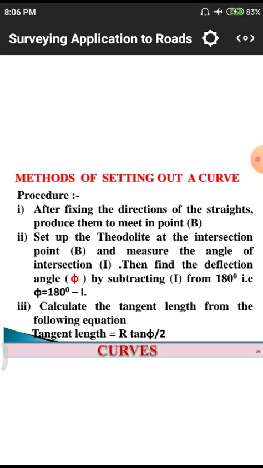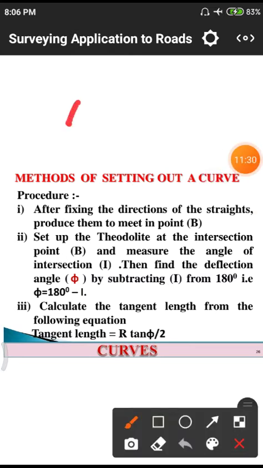After the radius is over, we calculate the angle of inclination phi equal to 180 minus I. Calculate the tangent length from the following equation. Tangent length equals r into tan phi by 2, where r is the radius of the particular curve and phi is the angle. I will draw and explain.